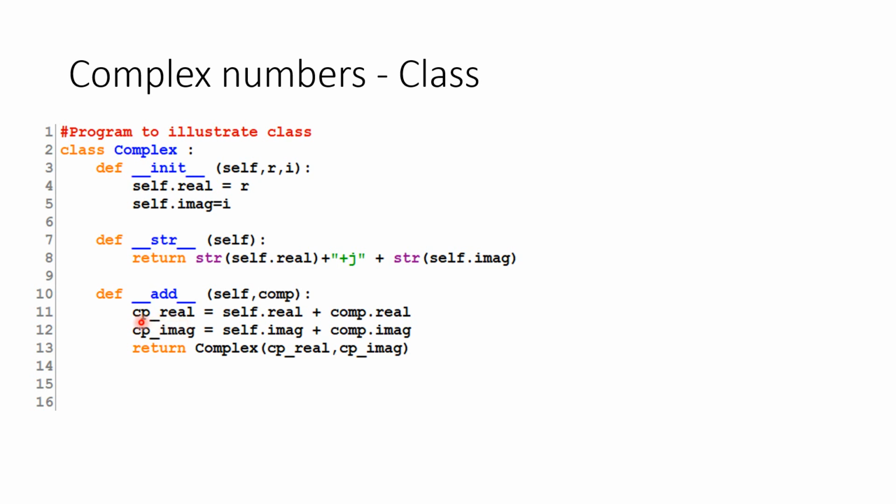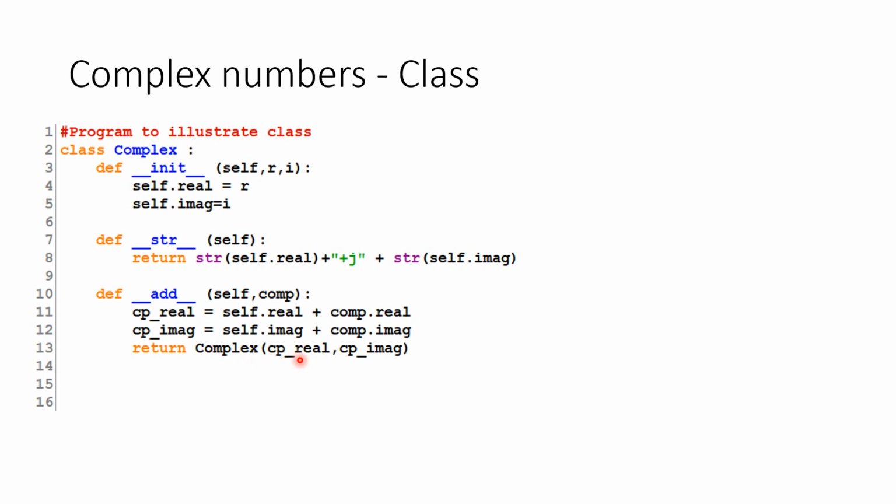That means an object called cp will be there, and in that, a real attribute will be there, and the result will be stored in it. Then self imaginary will be added with comp imaginary, and that will be stored into the attribute of another object. Now the third object is constructed.